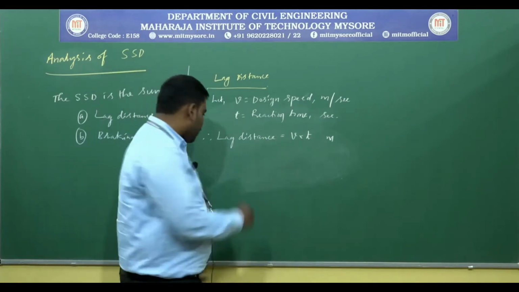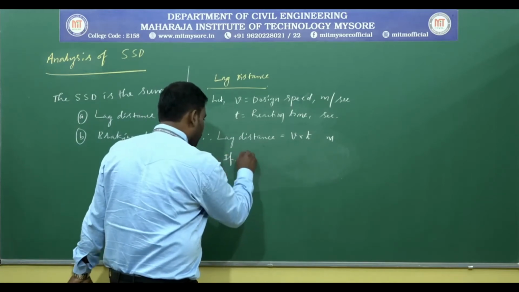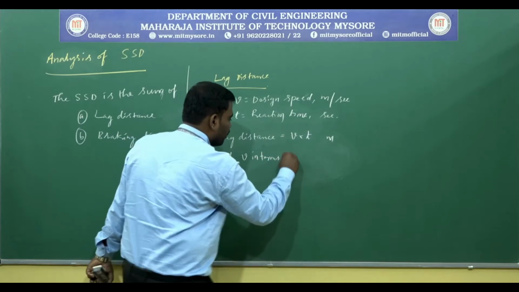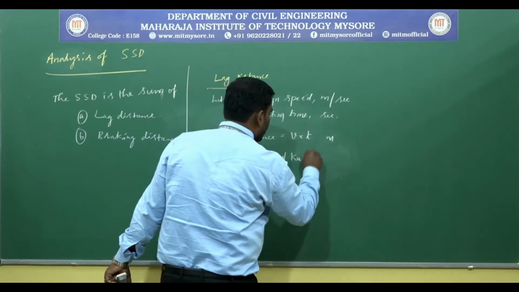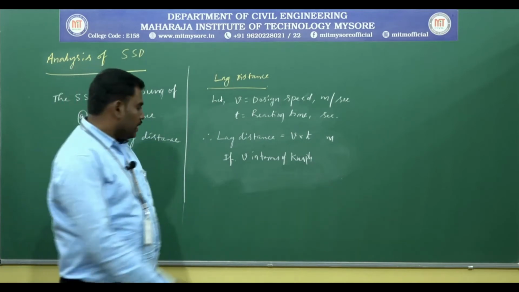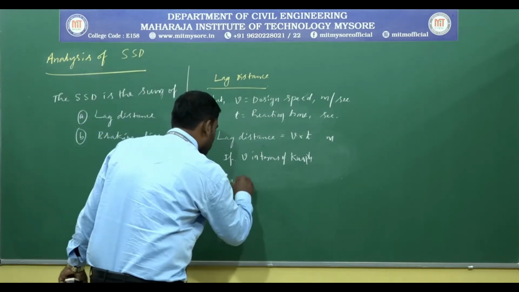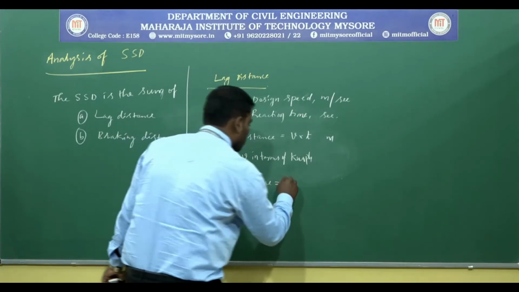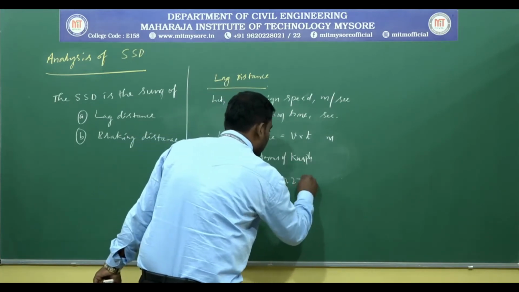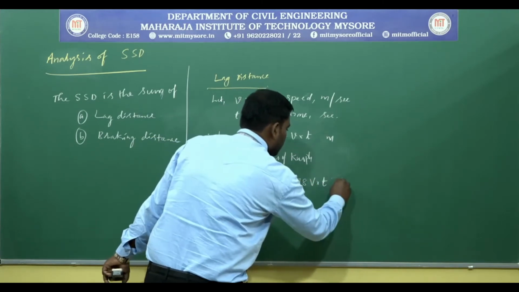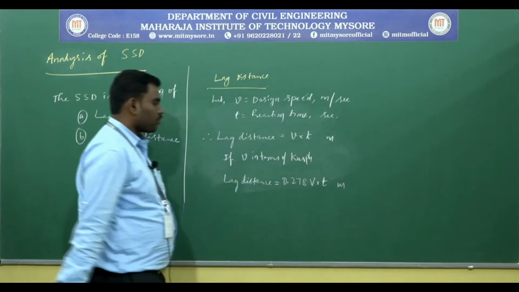If v is in kilometer per hour, kmph, then lag distance is equal to 0.278 v into t, which is also in meter.